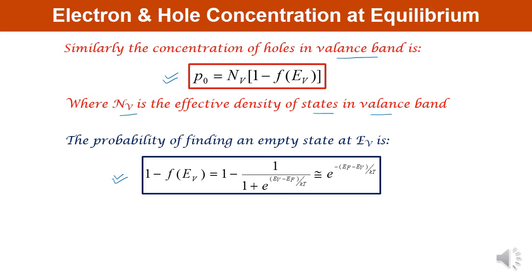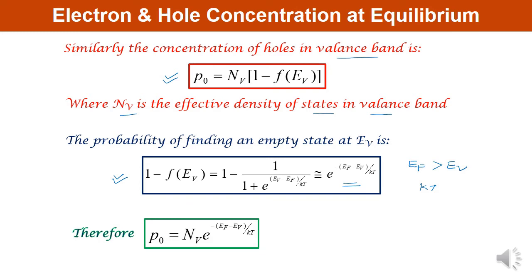Here you can see that EF is larger than EV by several KT. So this equation can be approximated as e raised to the power minus (EF minus EV) upon KT, because EF is greater than EV by several times KT. So you can calculate the probability of finding an empty state at the EV level.